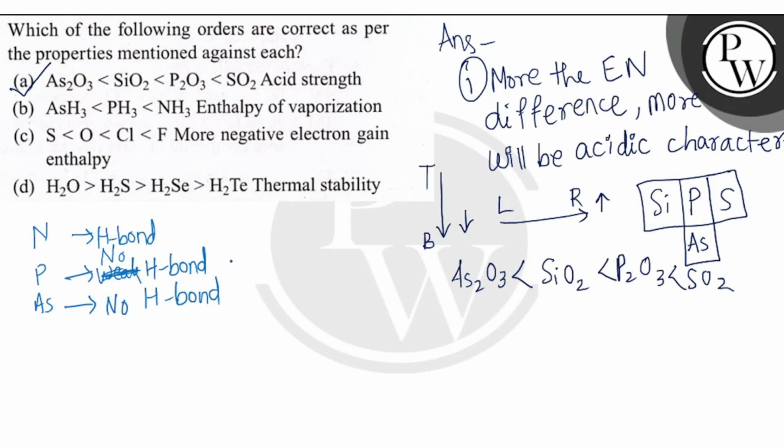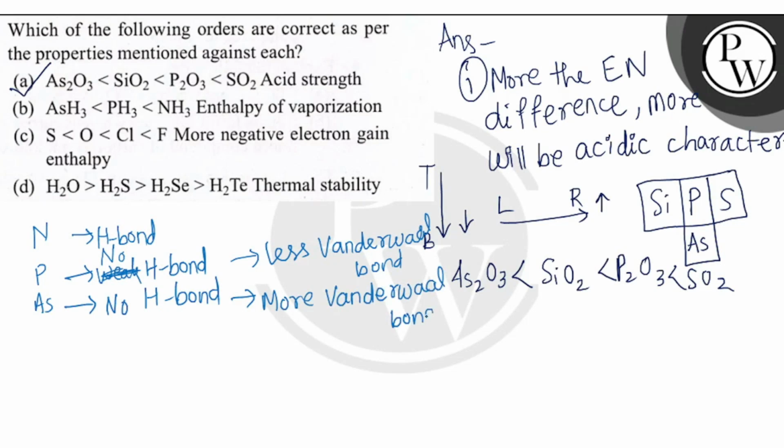No, because PH3 has less van der Waals bonding, whereas arsenic hydride has more van der Waals bonding. That's why it exists as a wax-like solid, whereas phosphorus does not. So the enthalpy of vaporization is highest in ammonia, then arsenic hydride, then PH3. This is the order, so option B is wrong.